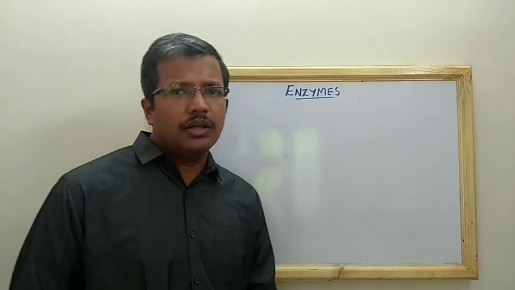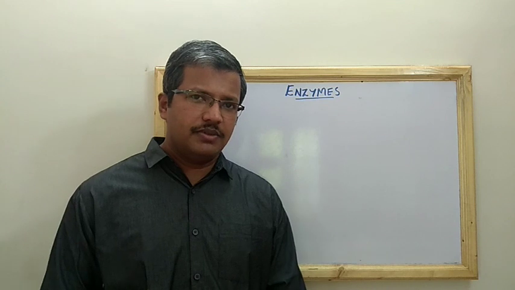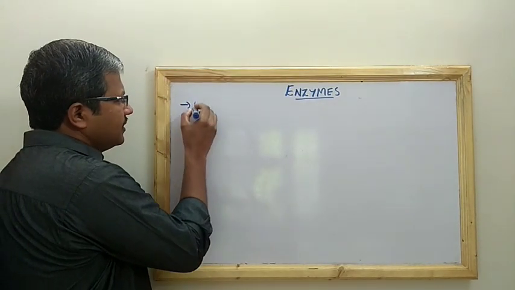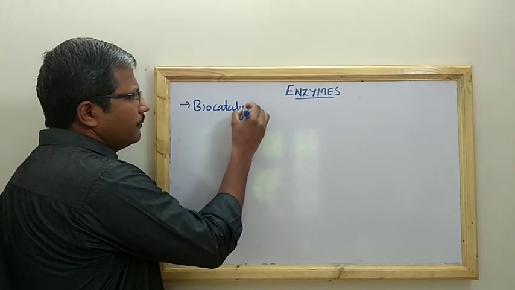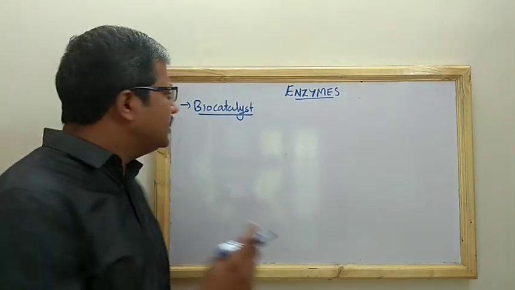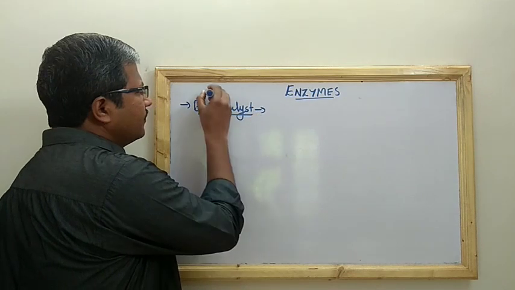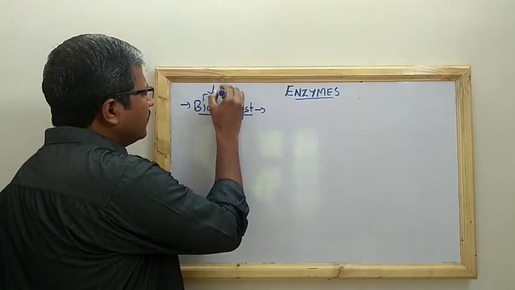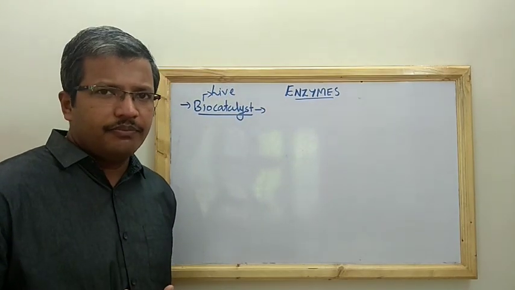So let us see what is meant by enzymes and what are the different types of enzymes. Enzymes are nothing but biocatalysts. There are two words in this, bio and catalyst. Bio relates to a live organism, life.